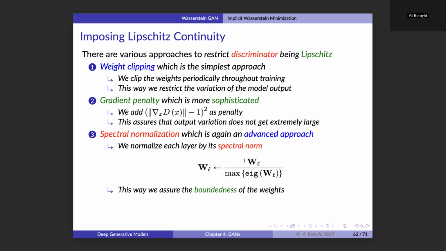If you think of W to be, say, a square matrix, the weight matrix of one layer, just think about a fully connected MLP, and then each layer is a linear layer, a matrix. Say this is square, then you can take the maximum eigenvalue, and that is basically proportional to your spectral norm.